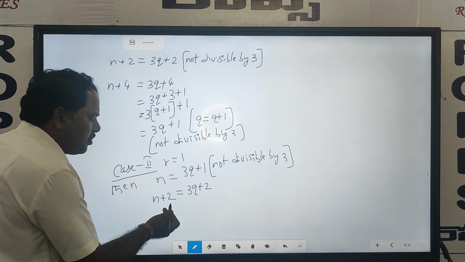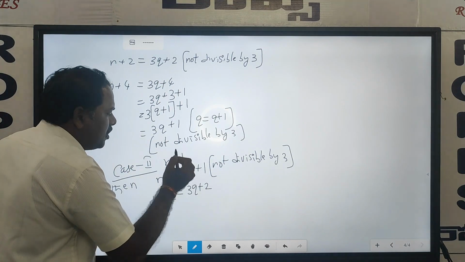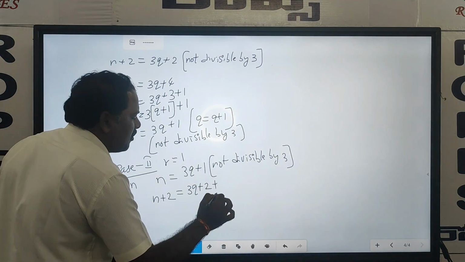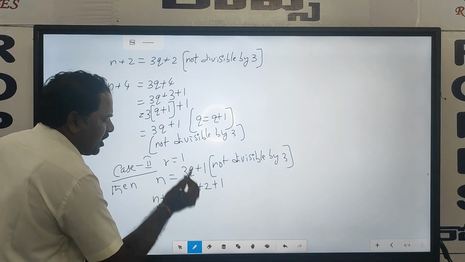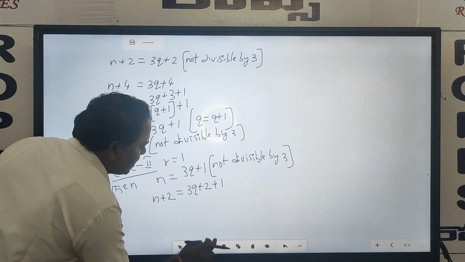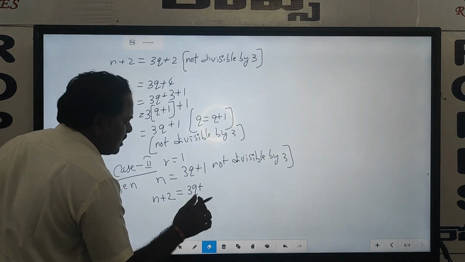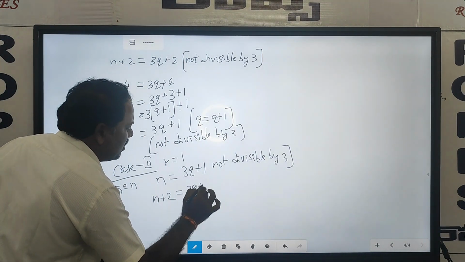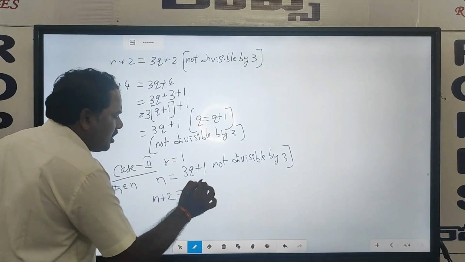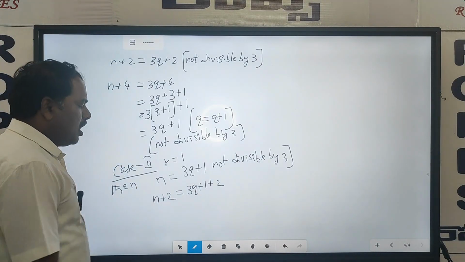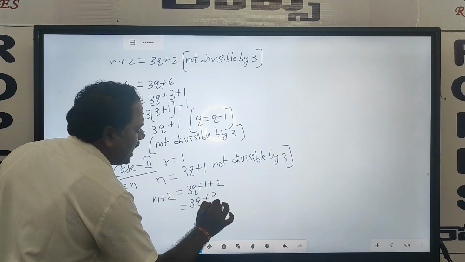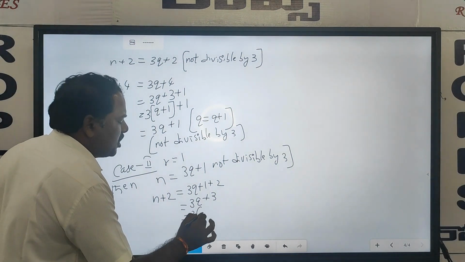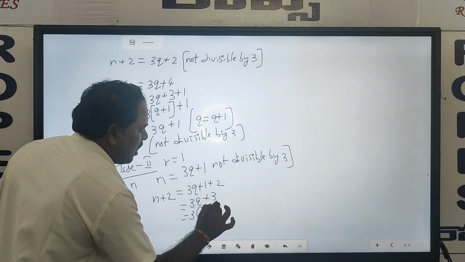Here n value is 3q plus 1, so n plus 2 is 3q plus 1 plus 2, that is 3q plus 3. From these two terms we can take common 3, then 3 into q plus 1.